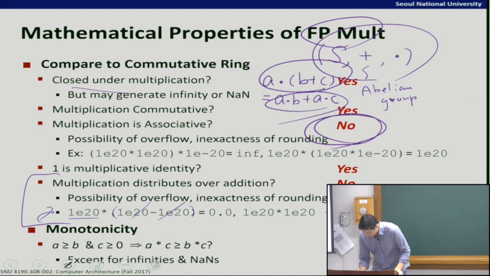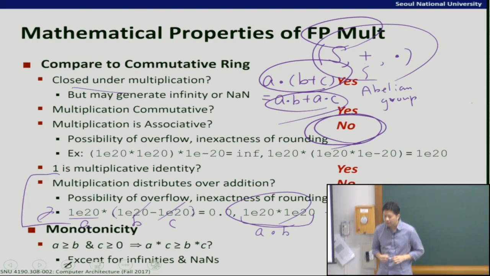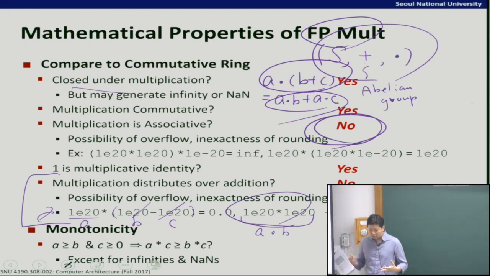But what about the second case? In the second case, we expand the original expression to have two terms, right? The first term here, the second term here. So this is A, B, C. Then this one will be A times B, and this one will be A times C. But when you first calculate the first term, 10 to the power of 20 times 10 to the power of 20 is a really huge number.